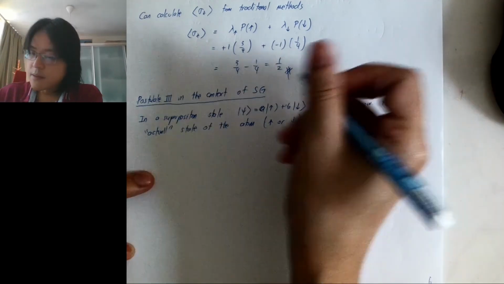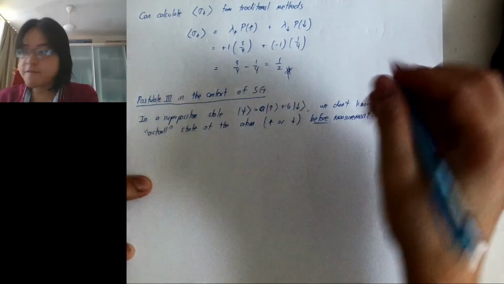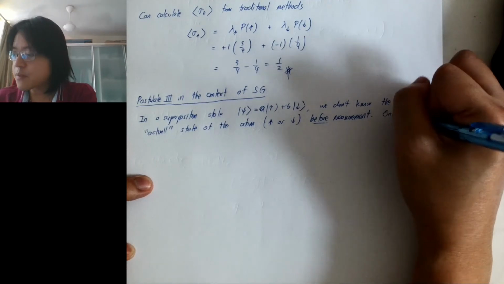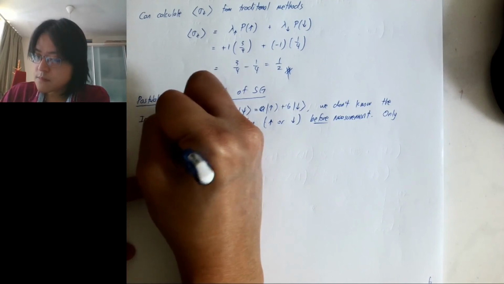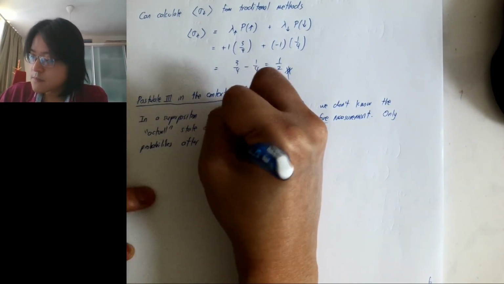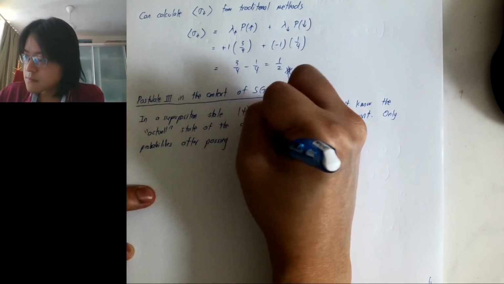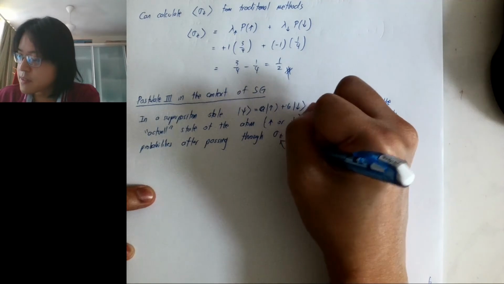But if this state we have figured out, we can only calculate the probabilities through sigma z. So this is the measurement operator.